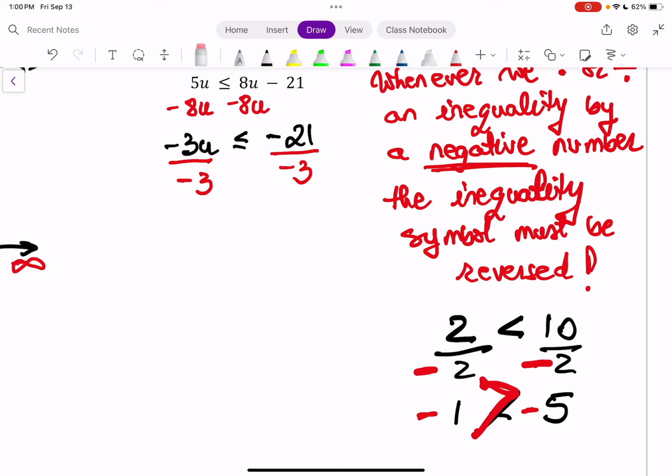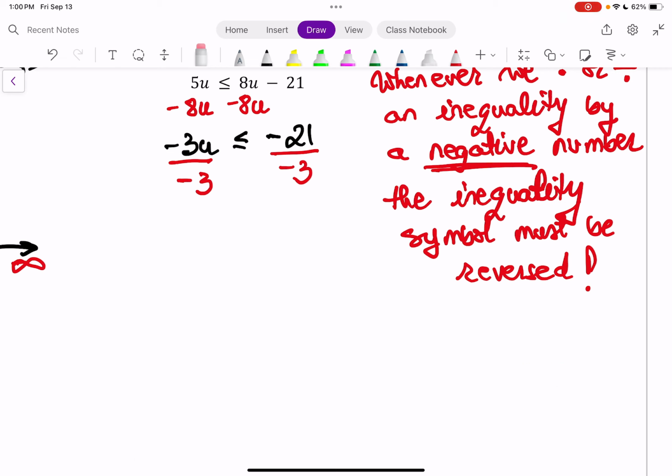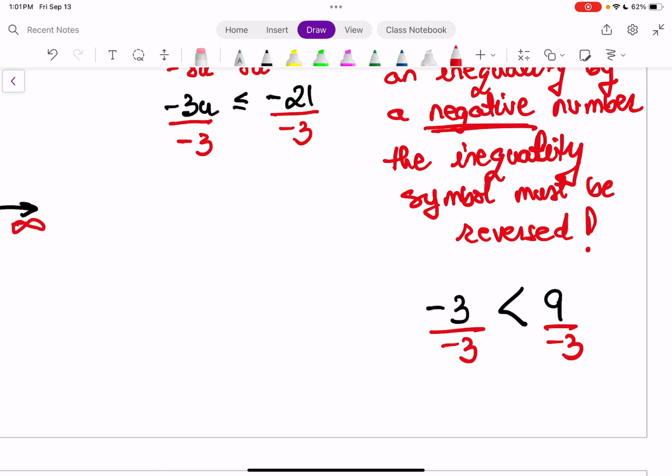Here, let me show you another one that makes even more sense. What do you think about negative 3 compared to positive 9? Negative 3 is definitely less than positive 9. Let's divide both sides by a negative number. Well, negative 3 divided by negative 3 is a positive 1. 9 divided by negative 3 is negative 3.